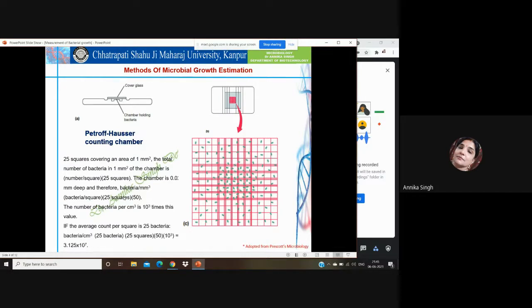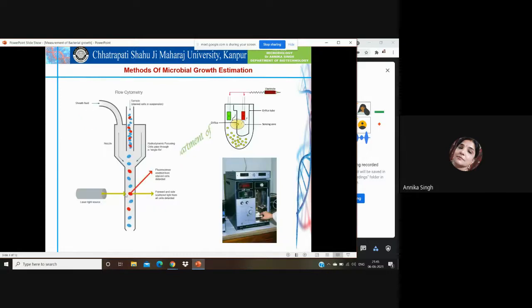Because one cell is responsible for producing a particular signal at a time, the number of light scattering events represents the number of cells in the sample. And not only the number of cells, but cells of different size, internal complexity, and other characteristics within a population can also be counted with the help of the flow cytometer.